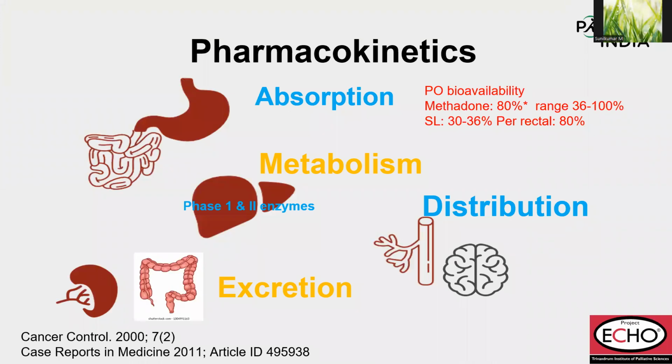So about the pharmacokinetics of methadone, it is well absorbed orally. The bioavailability of methadone is about 80%. What is the bioavailability of morphine? Can anybody tell?